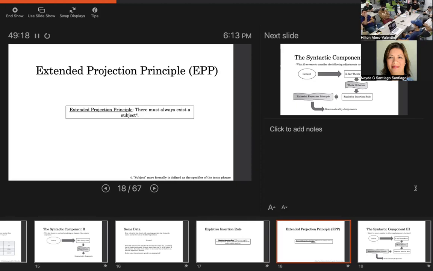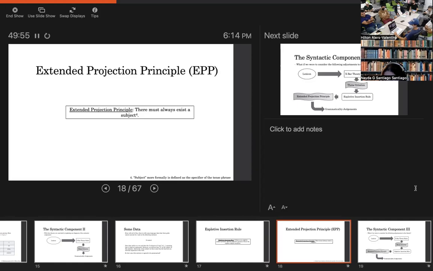But the "it" in "it's raining" has no semantic content whatsoever. It exists only because of the syntax. So this is a principle for syntax, not for semantics. You just need a syntactic object that will fulfill the function of subject.